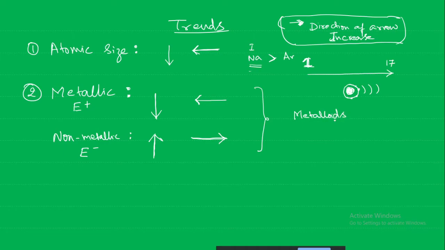Okay, so metalloids basically will have a little bit more of a metallic nature, but they will also show non-metal properties. In such a case we are not able to really decide so strongly that it is a metal or it is a non-metal. So we simply say in that case it is a metalloid.